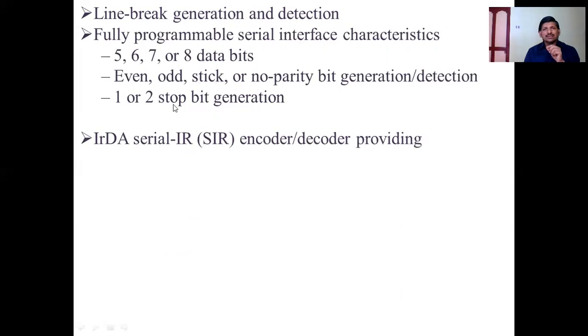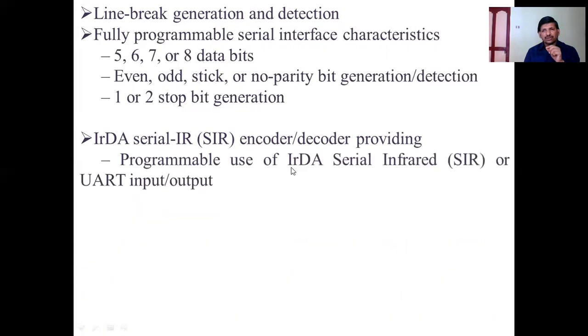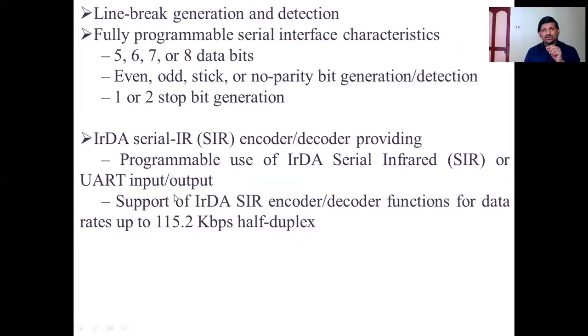Next, it contains a serial infrared encoder and decoder, and it uses SIR or UART input or output. It supports IrDA serial infrared encoder or decoder functions for data rates up to 115.2 kilobits per second for half duplex.